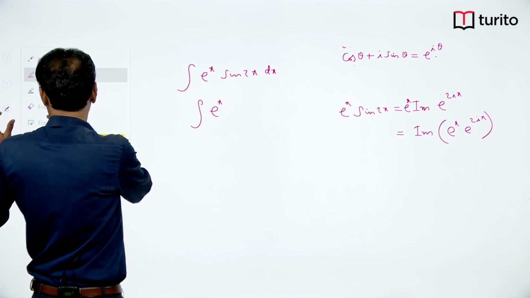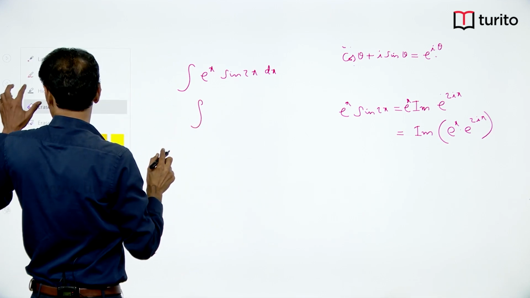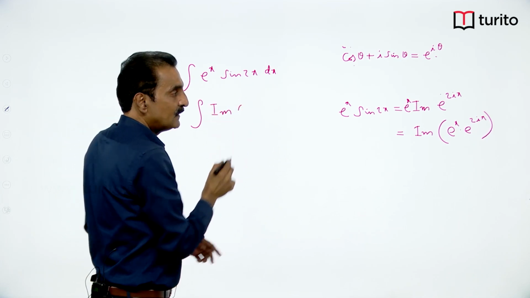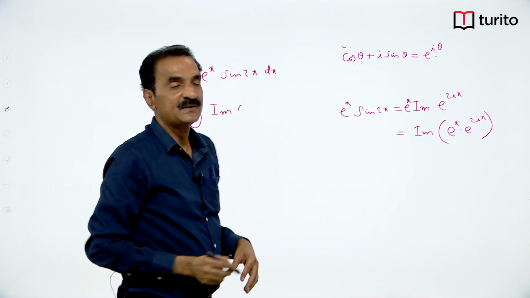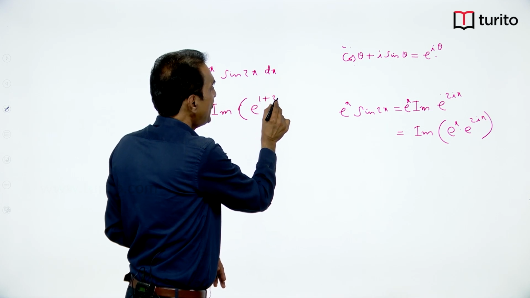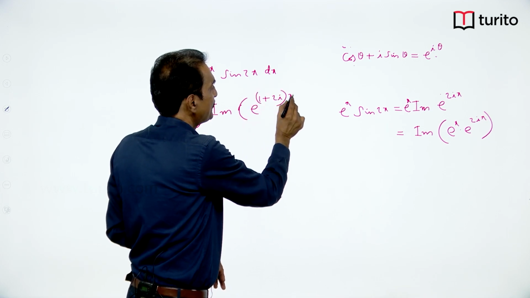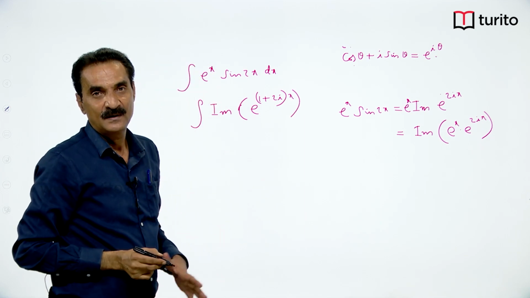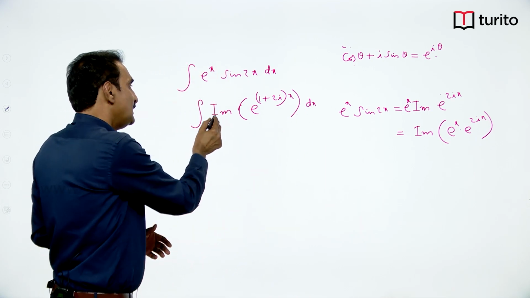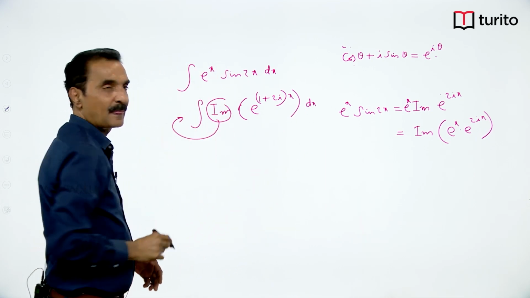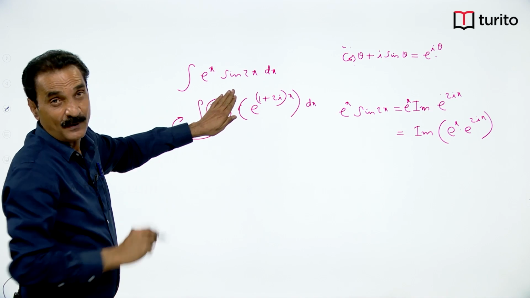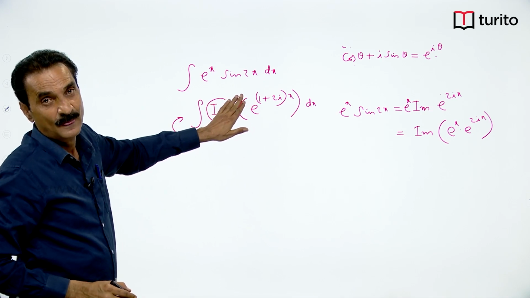It is totally the imaginary part of e power x into e power 2ix, which is e power 1 plus 2i into x. Now, you can write this imaginary part outside. So it is the imaginary part of the integral of e power 1 plus 2i into x.